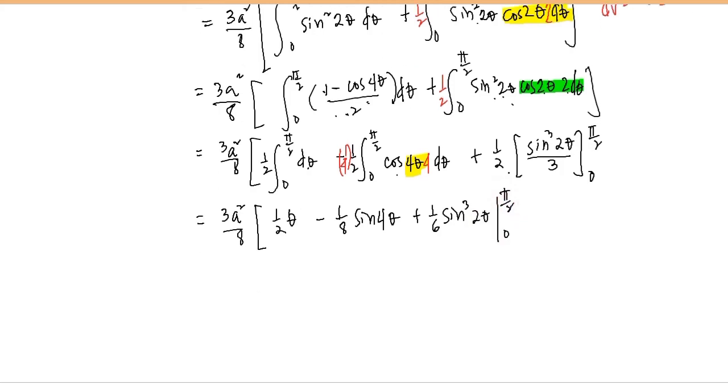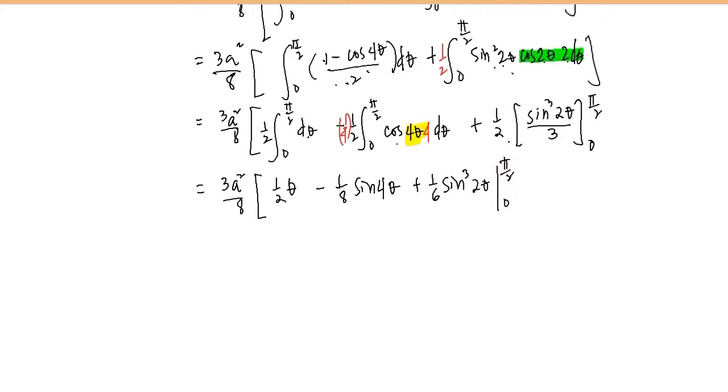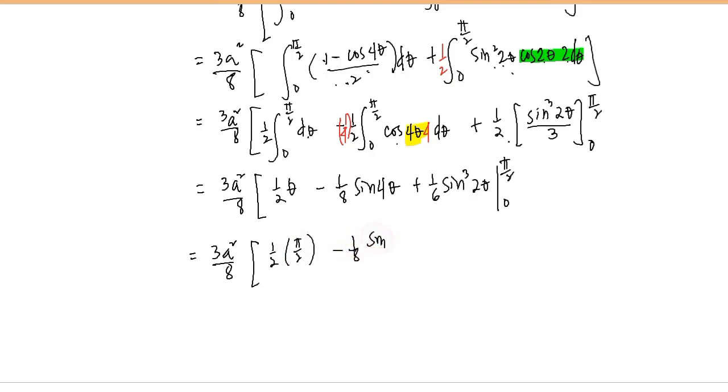We now evaluate the limit, and we have here 3a squared over 8 multiplied by 1/2. Our theta is pi over 2, the upper limit, minus 1/8 sine of 4, the theta is pi over 2, plus 1/6 sine cube of 2 times the theta which is pi over 2.